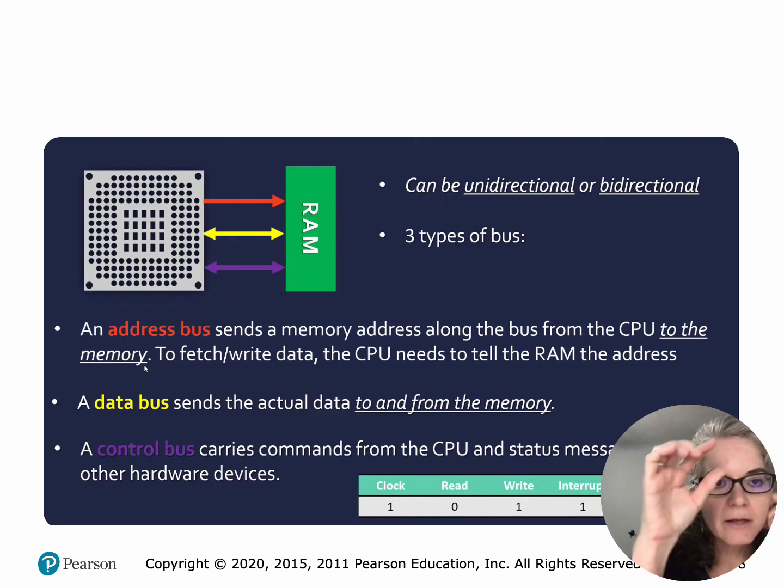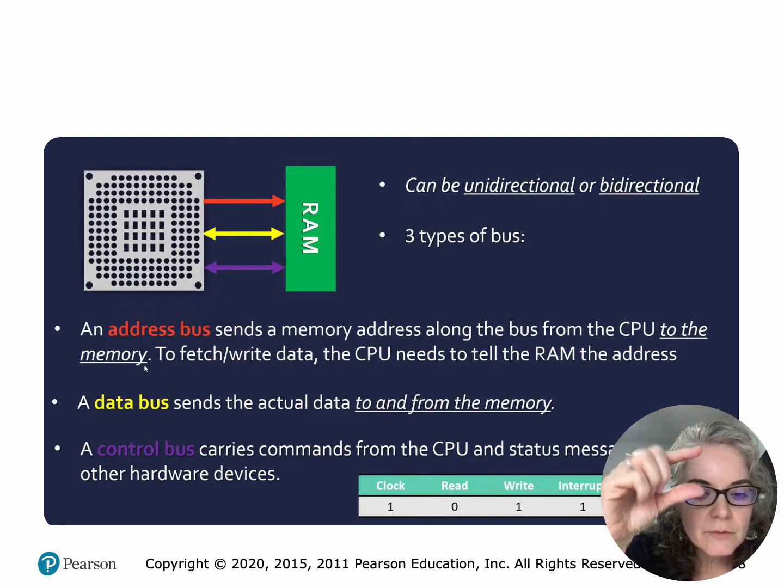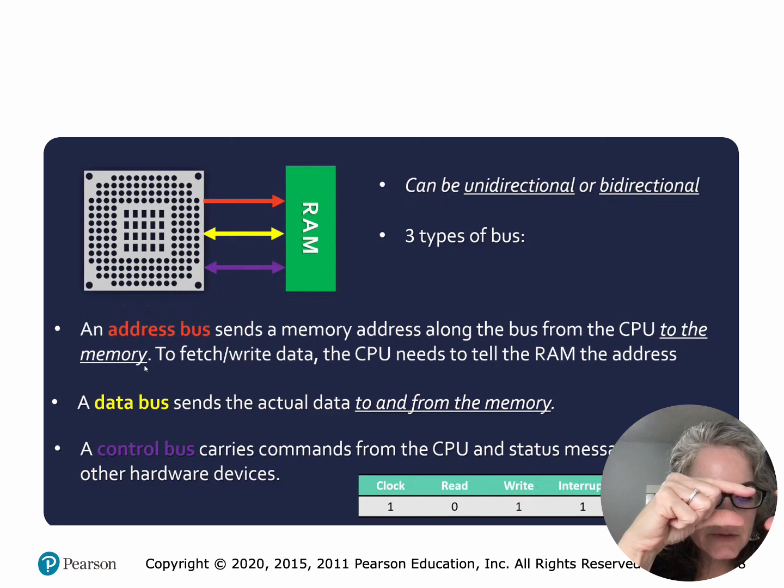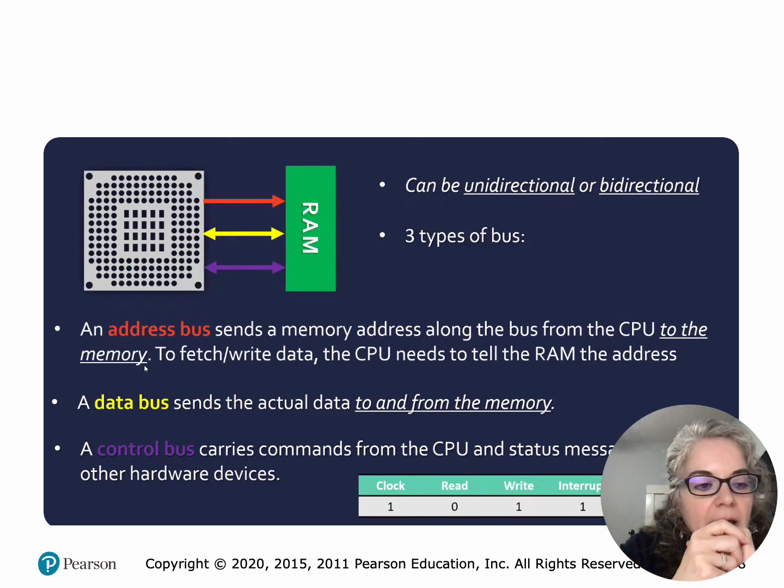So we would have 32 lines for the first bus, 32 lines for the second bus. And then the control bus, if it's a 16-bit processor, your control bus is not going to have 16 lines. The control bus carries commands from the CPU and also status messages to hardware devices.